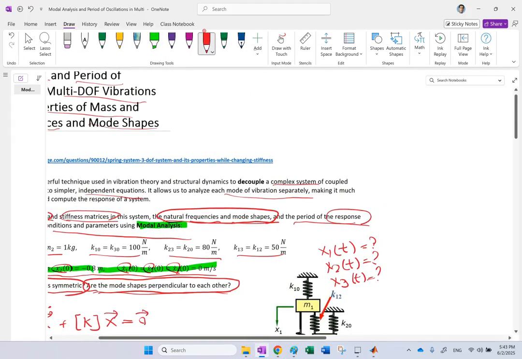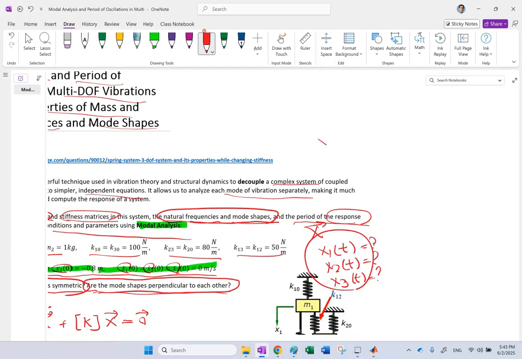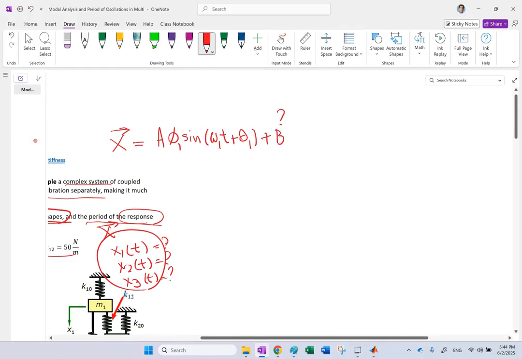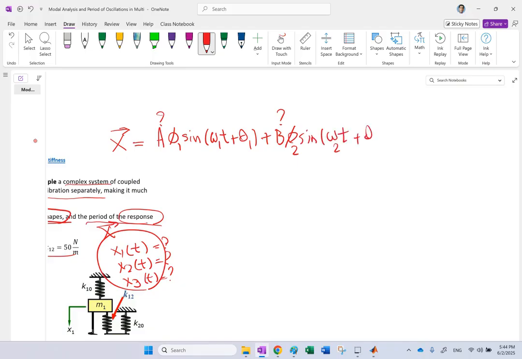The solution to vector x is going to be basically a constant like a, which you don't know, times mode shape 1, times sine of omega 1 t plus some angle, you might call it theta 1, and then plus another constant you don't know, b, times mode shape 2 times sine of omega 2 t plus angle theta 2, and then another constant c you don't know times mode shape 3, times sine of omega 3 t plus theta 3.